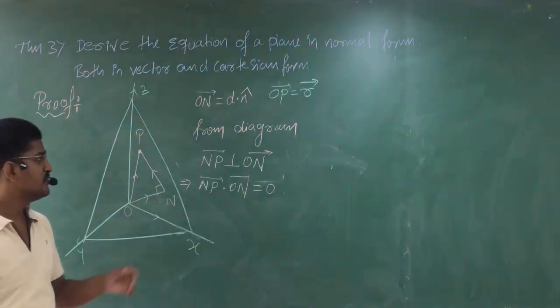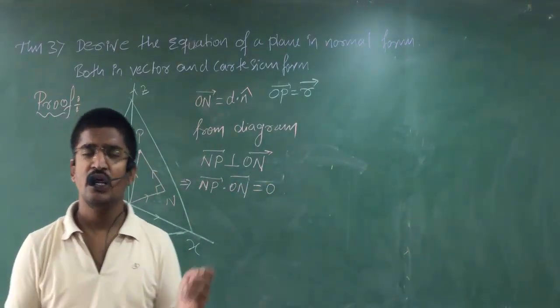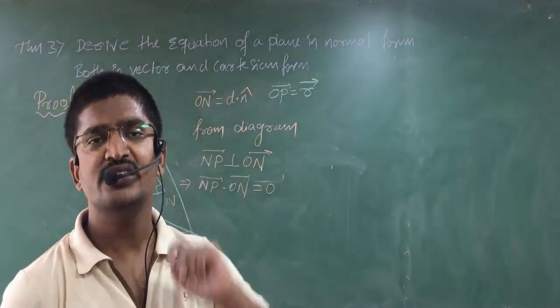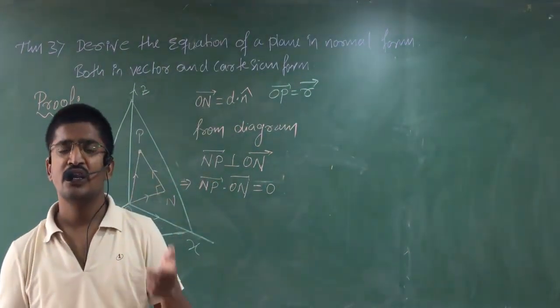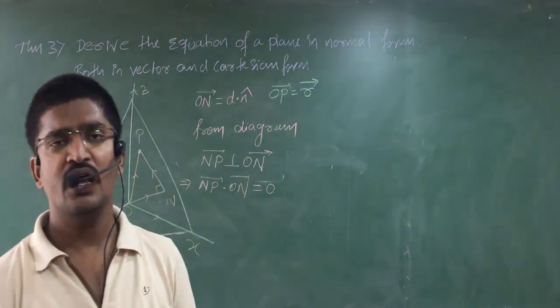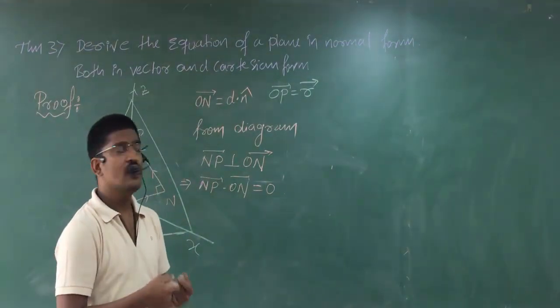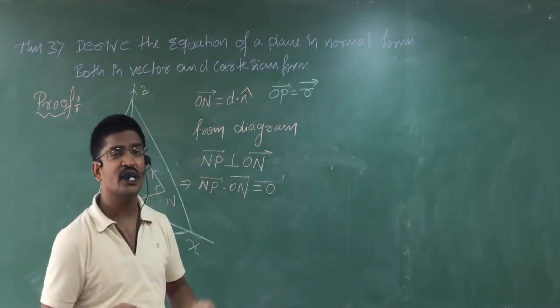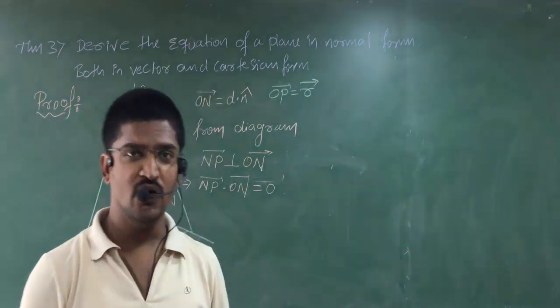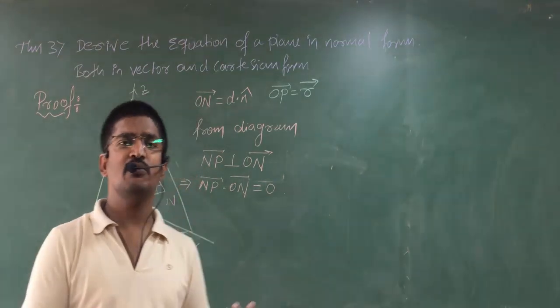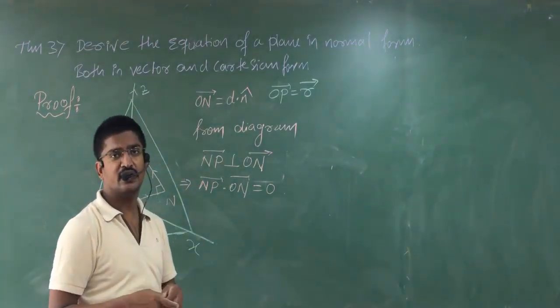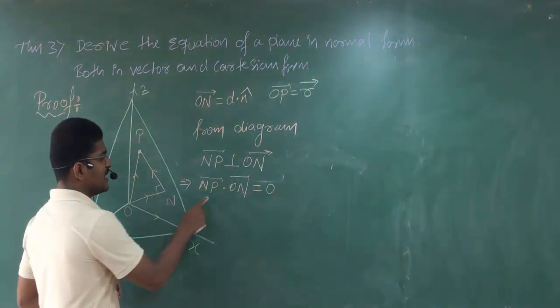As you used in your straight line chapter, if two lines are perpendicular to each other, the sum of product of their direction ratios is equal to 0. In the same way, here the dot product of the two vectors is also equal to 0. Everything is the same, but it is in vector form.